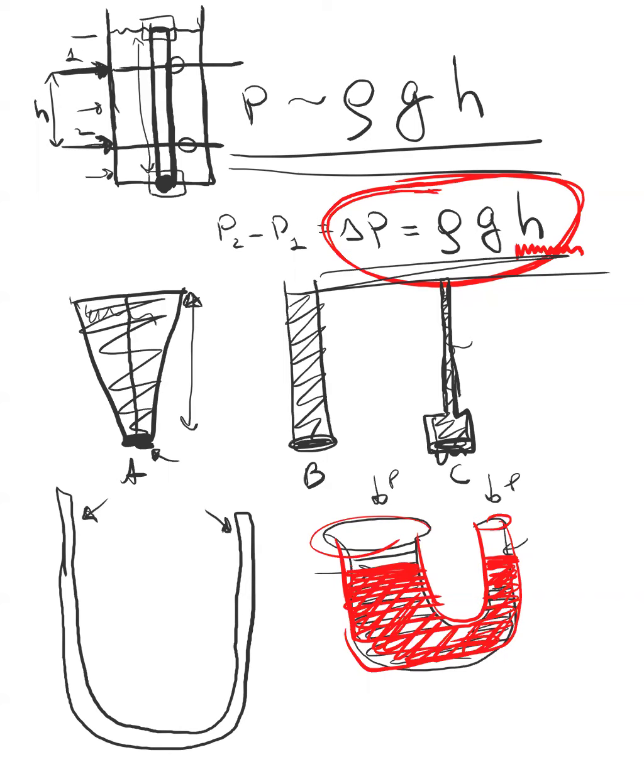I know that if I put the same liquid, then this liquid will reach the same level. But if I put a lighter liquid on this side, so let this yellow liquid be oil and let the blue liquid be water, then my condition for equilibrium is that pressures on both sides are equal.